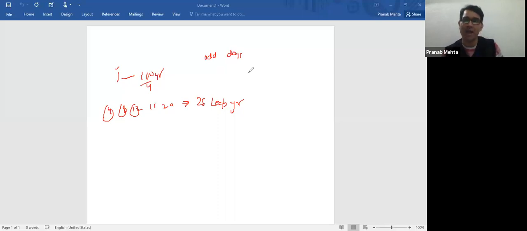If we go back, from 1 to 100 years how many leap years did we have? 4, 8, 12, 16, 20, 24, 28, 32, 36, all of them are multiples of 4, so I cannot keep counting. 100 divided by 4 gives 25 multiples of 4, so we have 25 leap years.